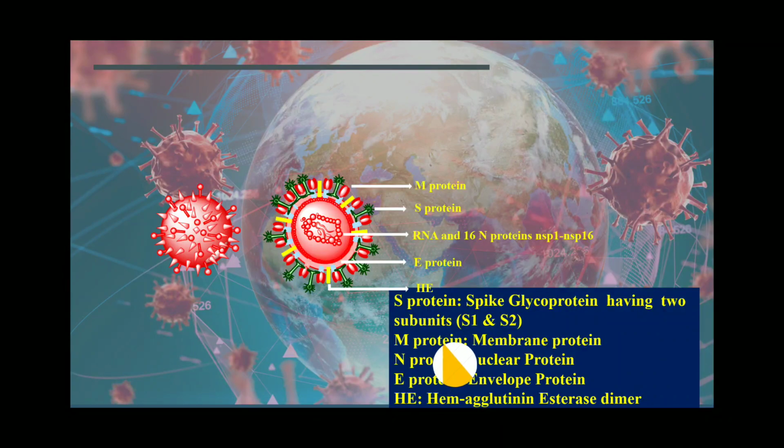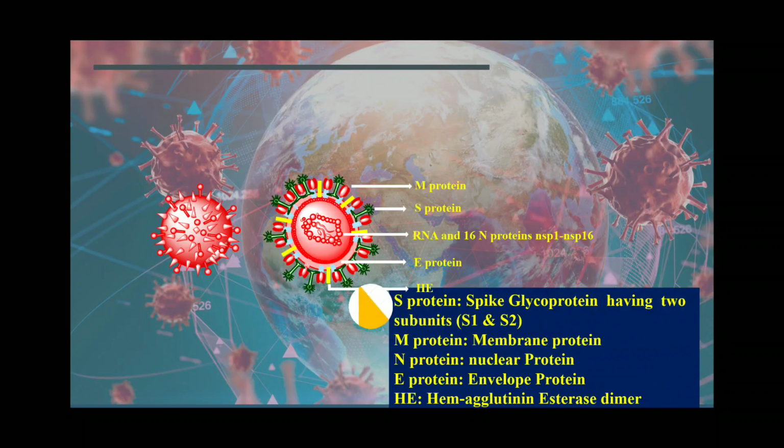Next is M protein. M protein is a membrane protein which helps to stabilize this virus in its form, right? And then N for nucleocapsid protein. And then next is your envelope protein, which helps to form an envelope, and the last one is the hemagglutinin esterase dimer.